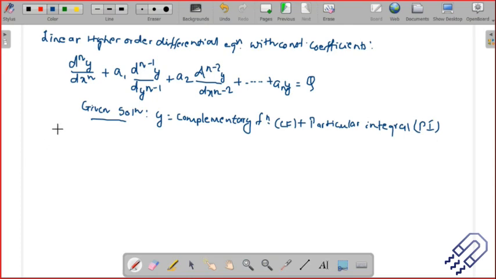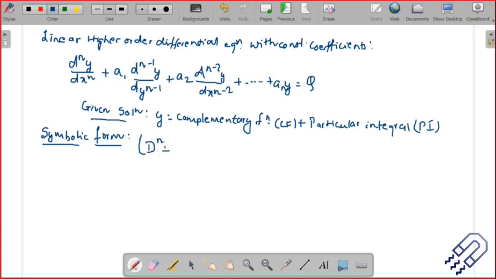There are certain forms that we should know for this particular expression. One is called the symbolic form. In symbolic form, whatever the derivative d^n/dx^n is, I will write it as capital D to the power n. You might have come across this.